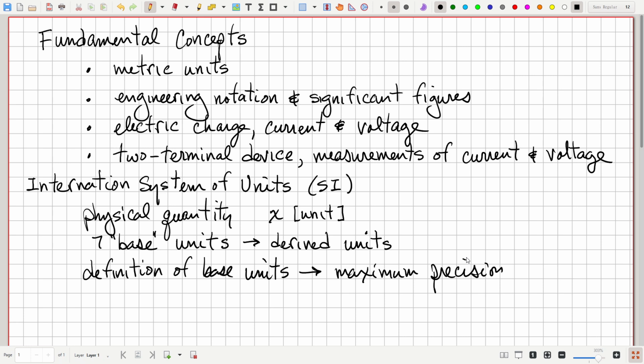That's the fundamental thing we want to have in our definition of base units. We want to be able to determine those values as precisely as possible. So sometimes that leads to rather strange definitions, at least unless you work in a fundamental physics laboratory. So let's turn to these now.